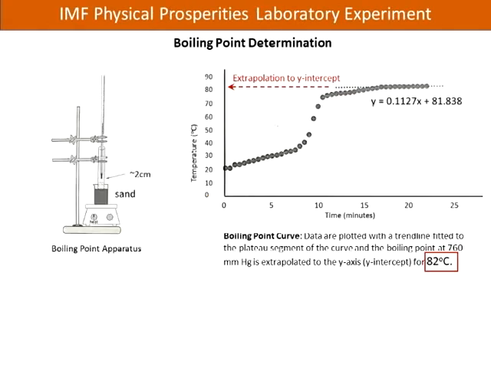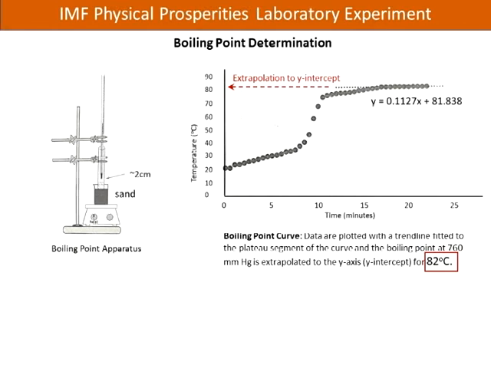In freshman chemistry laboratory experiments, the boiling point is determined using an apparatus as shown in this slide, where a sand bath is used to heat the sample and a thermometer is used to measure the temperature. A plot is made of temperature versus time, where the time is typically monitored in half-minute increments.